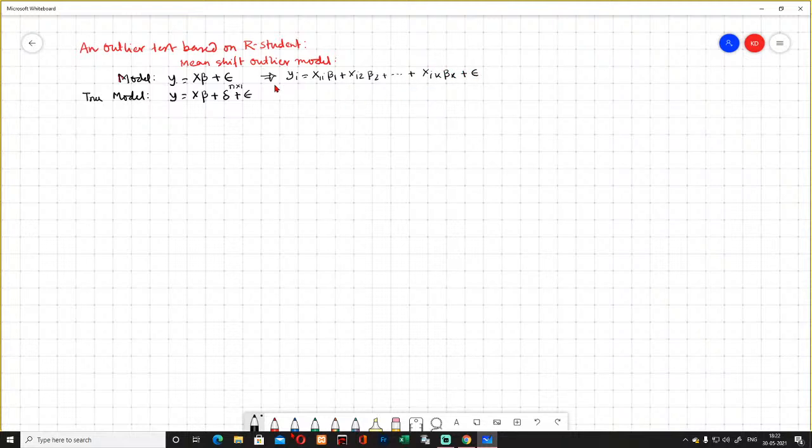and we assume that the outlier occurs at the uth observation, then y u equals u1 beta 1, u2 beta 2, ..., uk beta k plus delta.